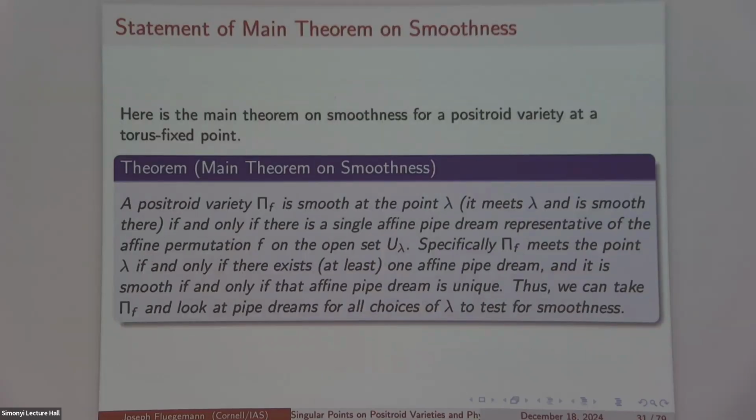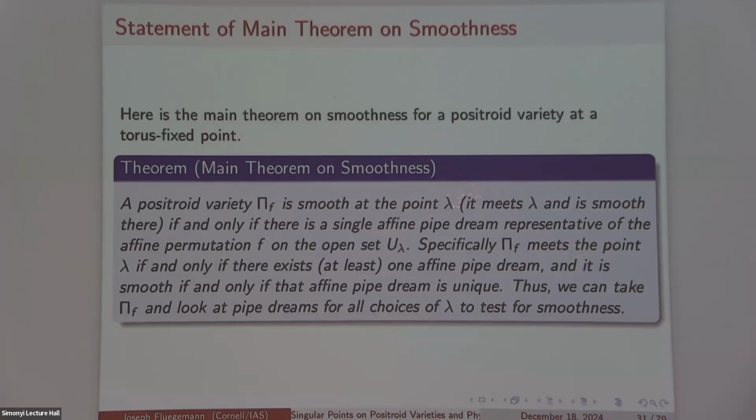Okay, so the main theorem on smoothness is that a Positroid variety is smooth at point lambda if there's a single affine pipe dream representative for the affine permutation f on the open set U sub lambda. The fact that this point lambda exists on the Positroid variety is equivalent to there existing some pipe dream for the shape lambda.